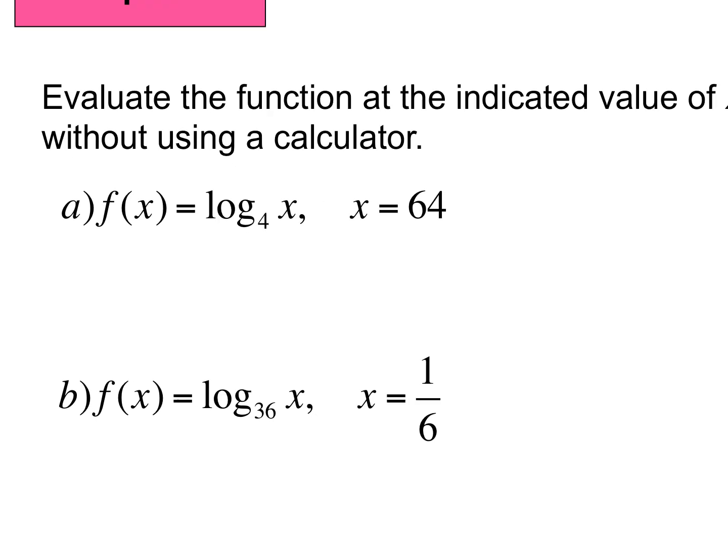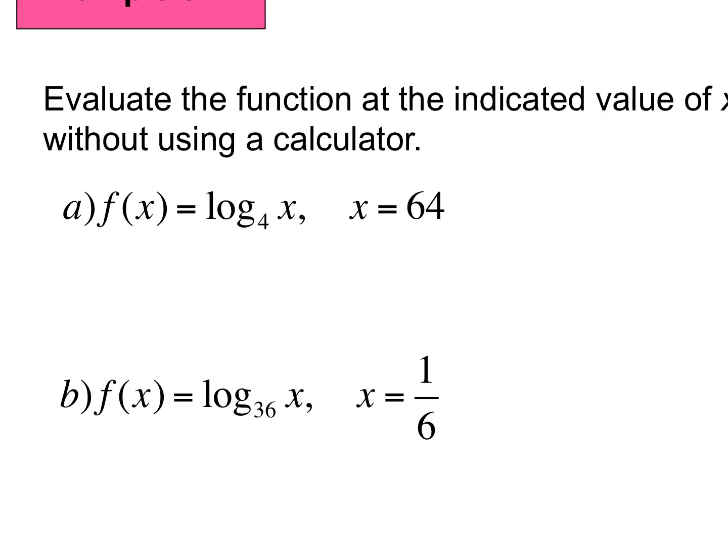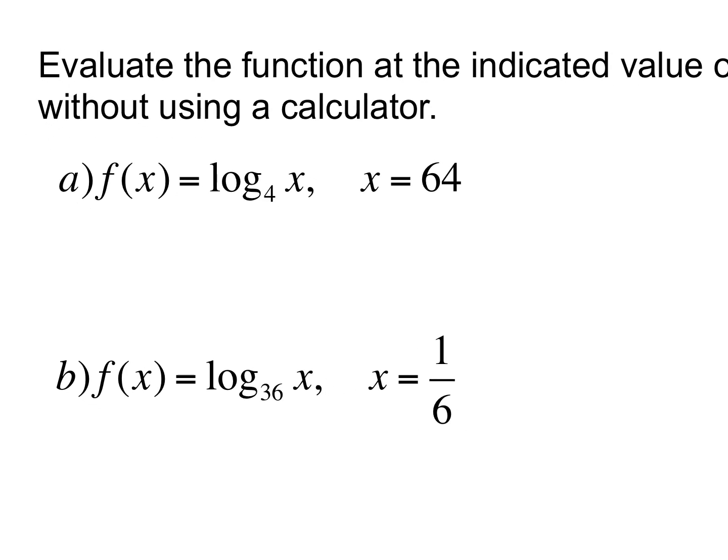All right, let's talk about this. Evaluate without using a calculator. What are they telling me that x equals? 64. Okay, so this says log base 4 of 64 equals what? We're not exactly sure what that means. So let's rewrite it exponentially.